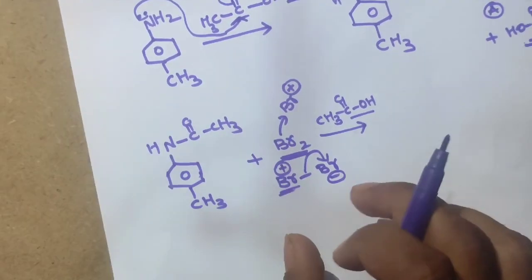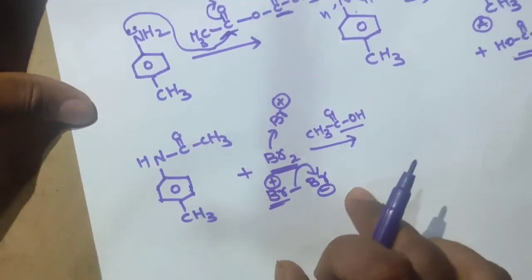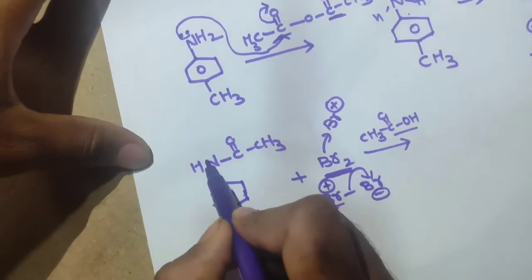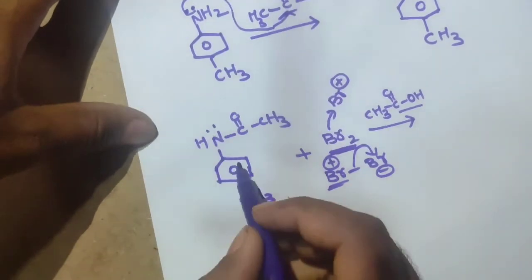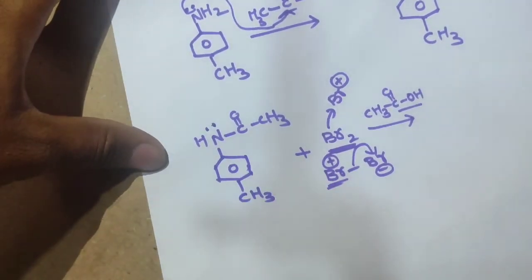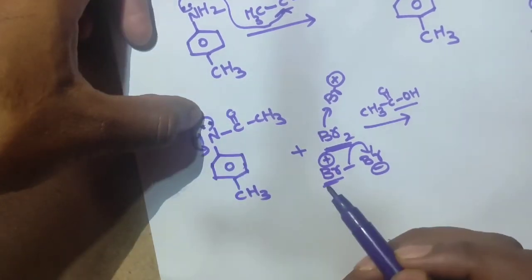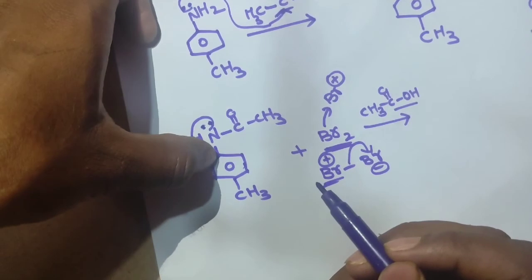Now we have bromine as an electrophile in this particular reaction condition. So now on this nitrogen we have a lone pair of electrons, so this will activate the ring, and these lone pair of electrons are involved in this delocalization.